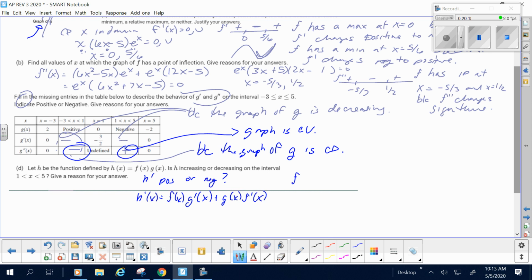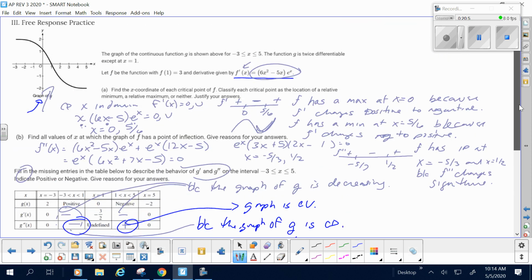Now, f of x was actually the hardest one, so I'm going to come back to that. G prime on 1 to 5: the graph of G is decreasing, so G prime is negative. All right, so that sign's negative. G on 1 to 5, that's just is the graph above or below the axis.